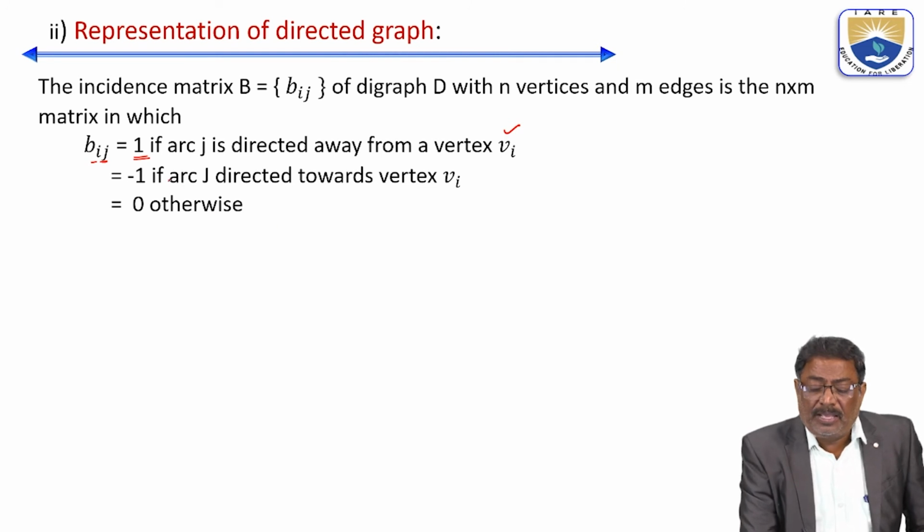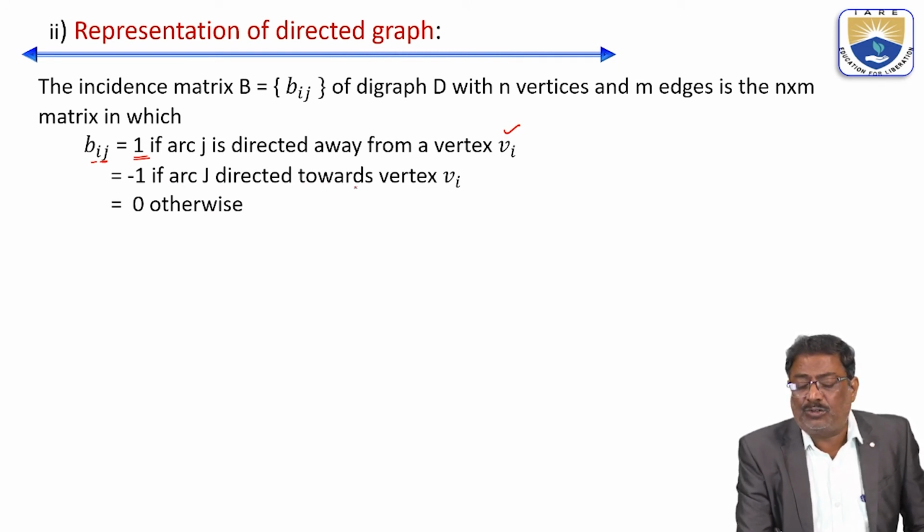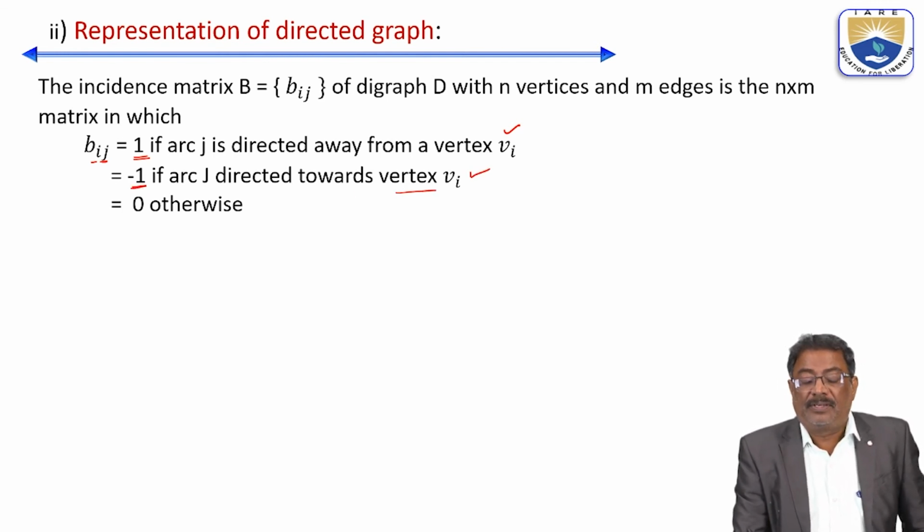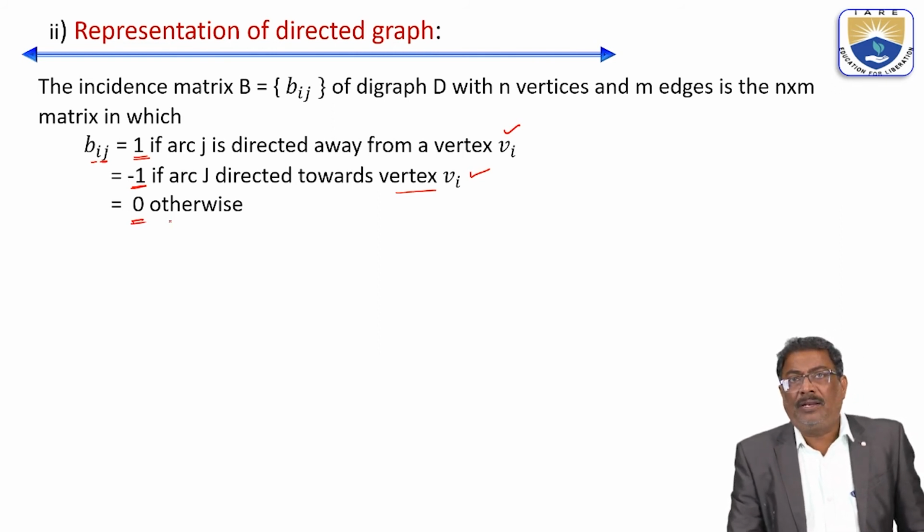If arc j is directed towards the vertex vi, then that will become -1, otherwise 0. So 1 if arc j is directed away from the vertex vi.